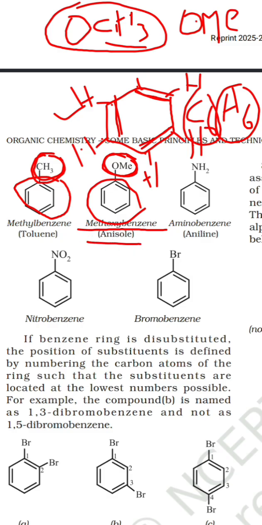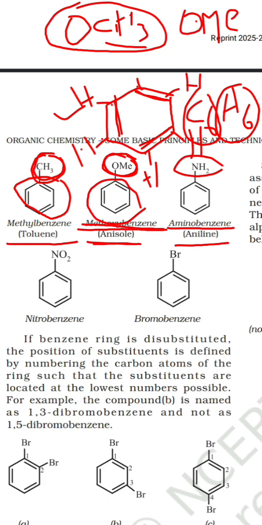Trivial name or common name, both are same. So here methyl benzene means trivial name is toluene. Here methoxybenzene means trivial name is anisole. And here if NH2 group is there, that is aminobenzene, and trivial name, that means common name, is aniline. So these names we need to remember.